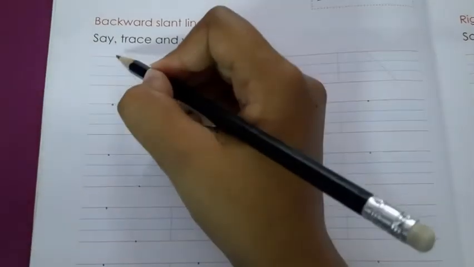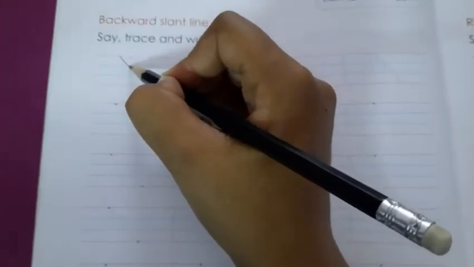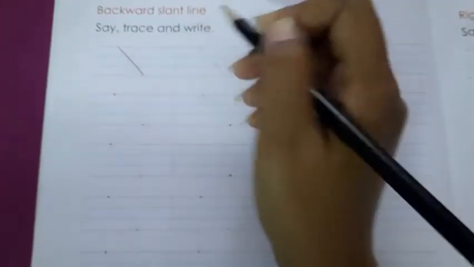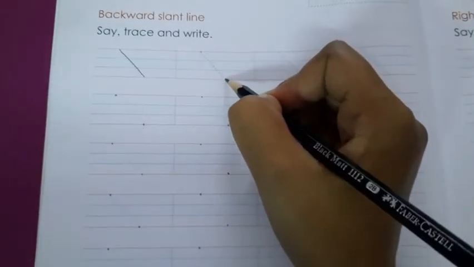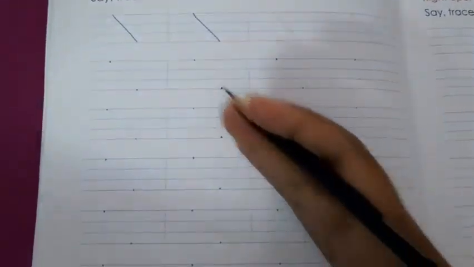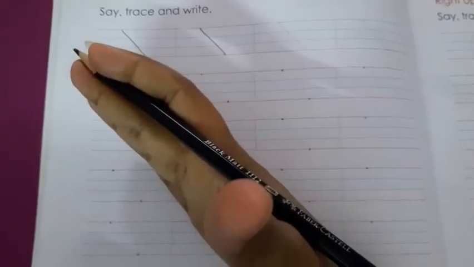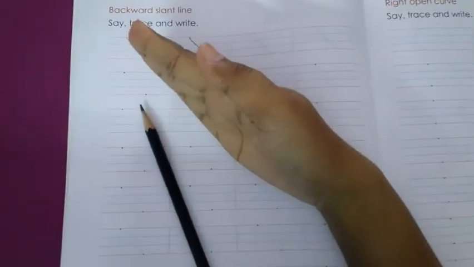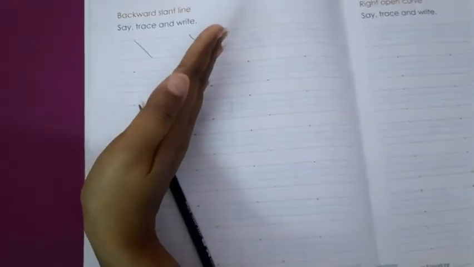Let's start doing tracing for backward slant line. Slowly, slowly. Keep your pencil on the red line and come on the red line towards the right hand side. This is your right hand, so this side you have to come. This is a backward slant line, and this is a forward slant line.